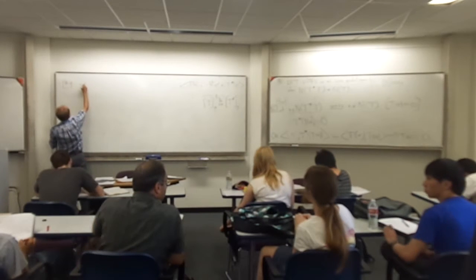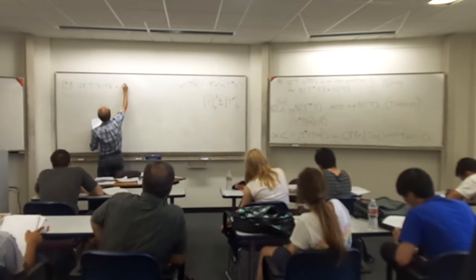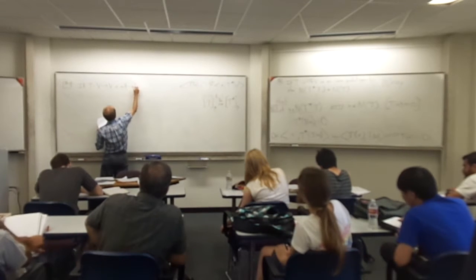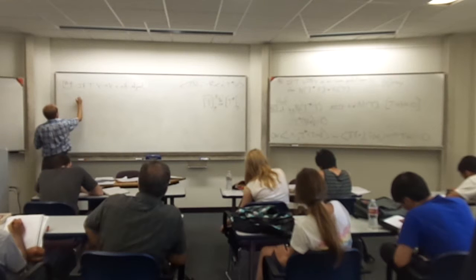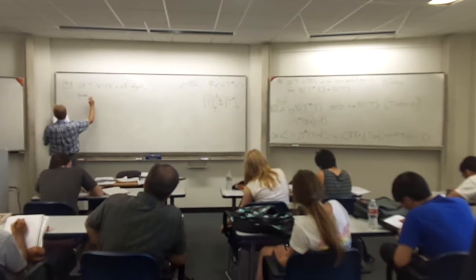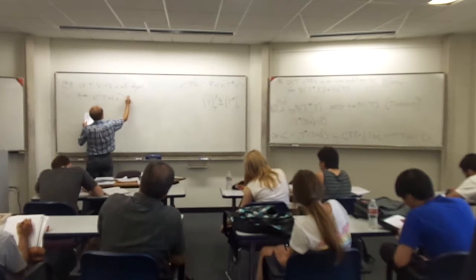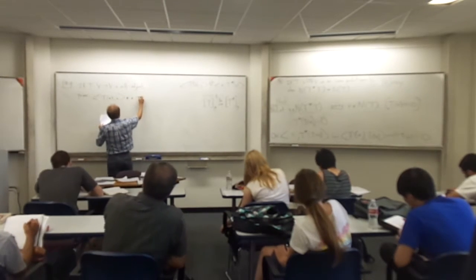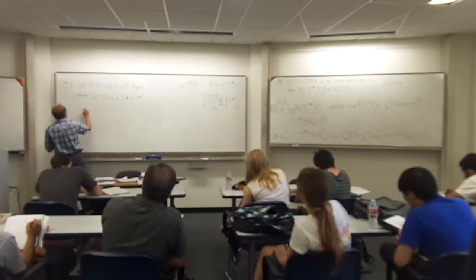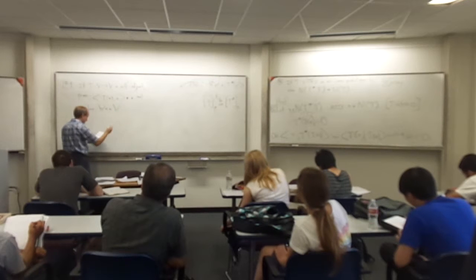If T from V to V is self-adjoint, then prove that the inner product of T of x with itself is a real number for all x in V.